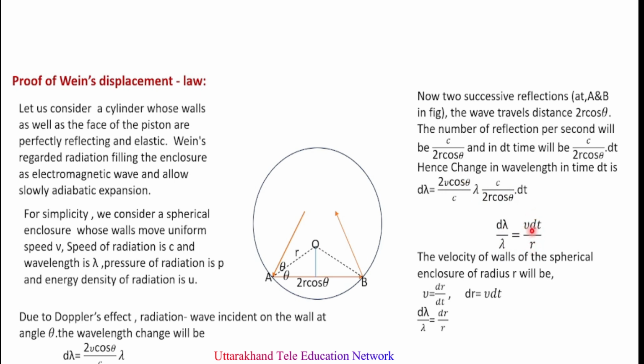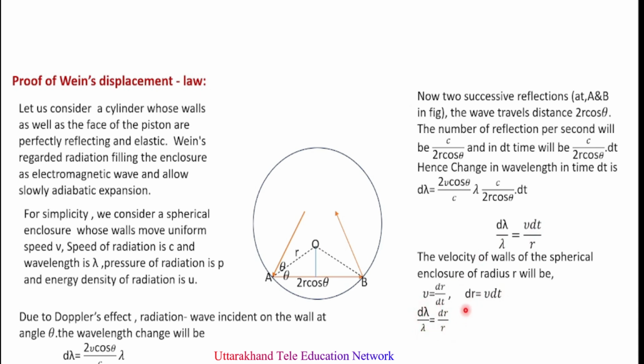Now nu is the velocity, and r is the displacement, or the radius of this enclosure. So nu should be dr over dt, so dr is equal to nu into dt. So we can put dr in place of nu dt. So we get d lambda over lambda is equal to dr upon r.